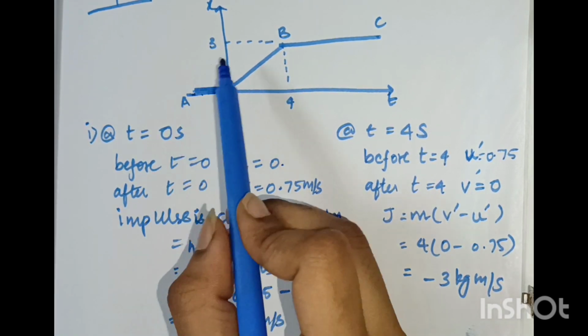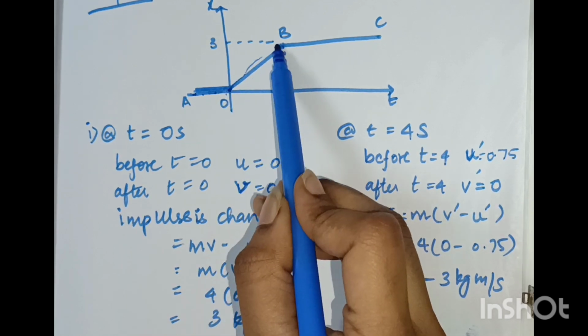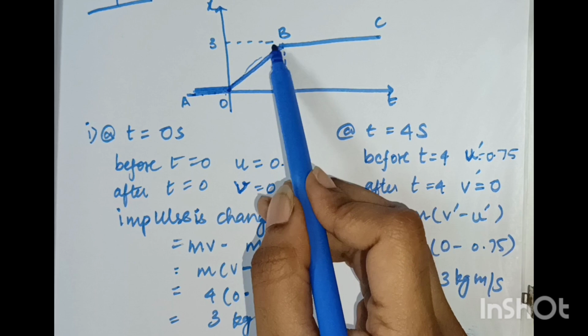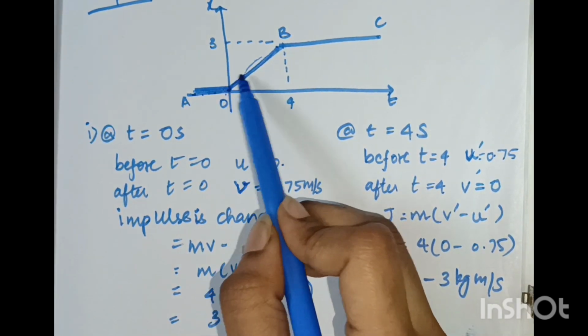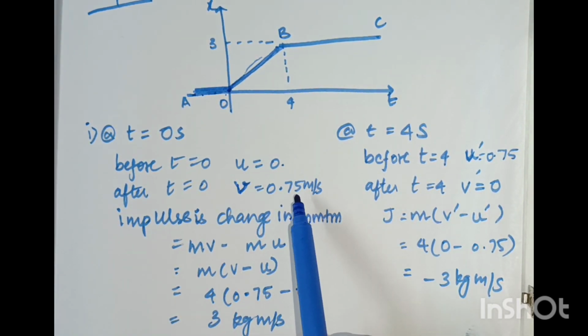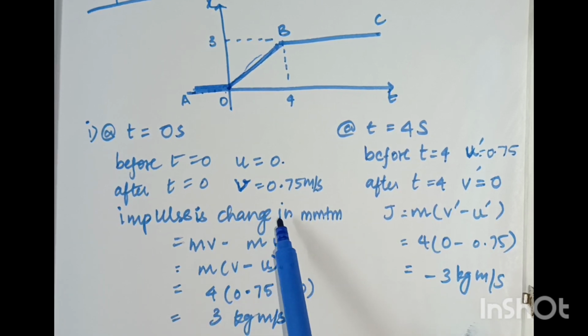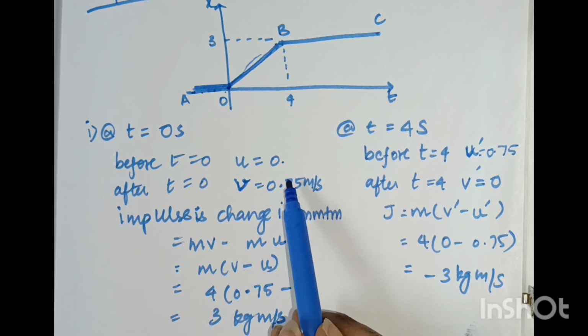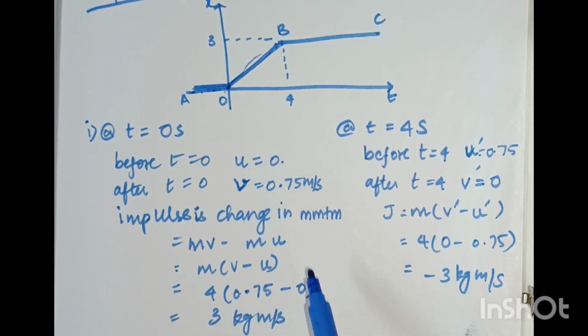What is the velocity after t equals 0? Immediately at the next point, we have already calculated it, that is 0.75 meter per second. Impulse is change in momentum, mv minus mu, that is m into v minus u. Mass is 4 kilogram, final velocity is 0.75, initial velocity is 0. So that is 3 kilogram meter per second.